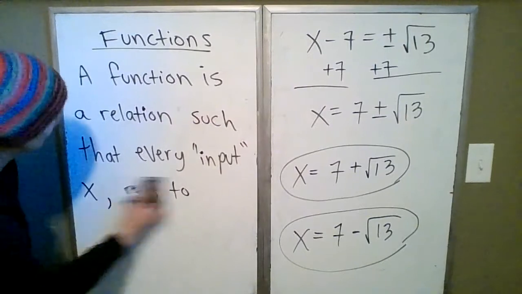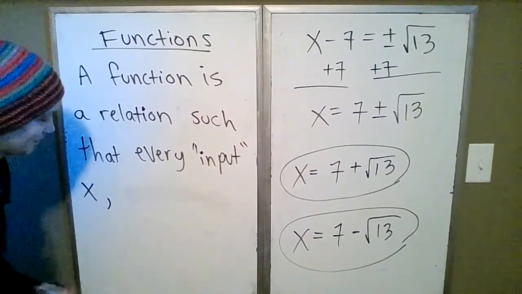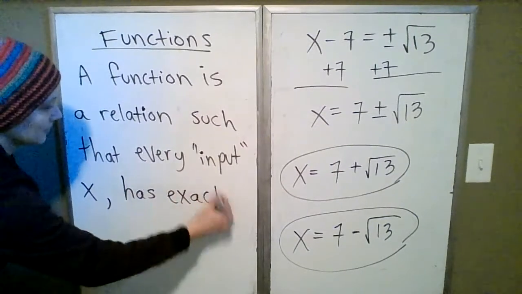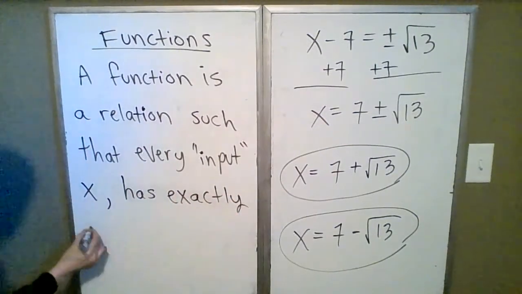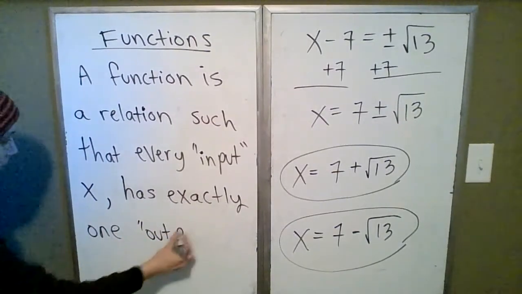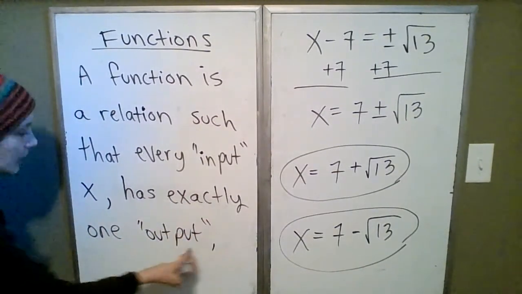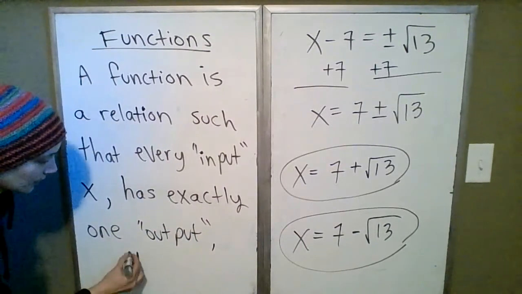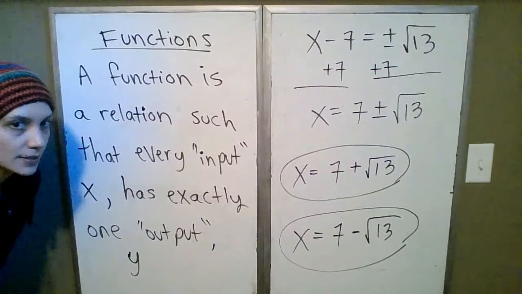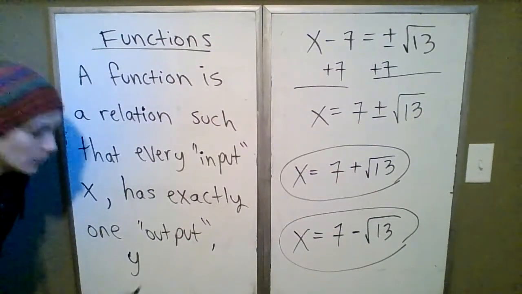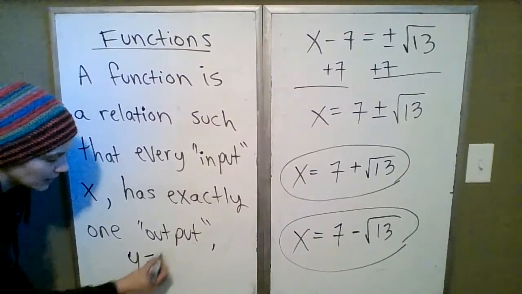Usually outputs are called y. Sometimes they're called f of x. And there's only one of them, so it's y or f of x. They mean the same thing.